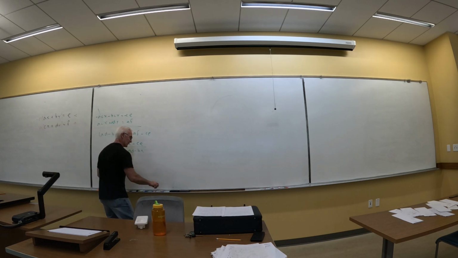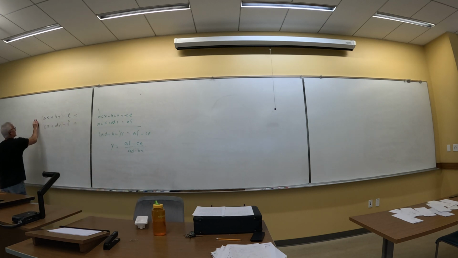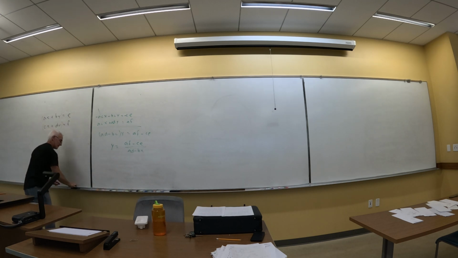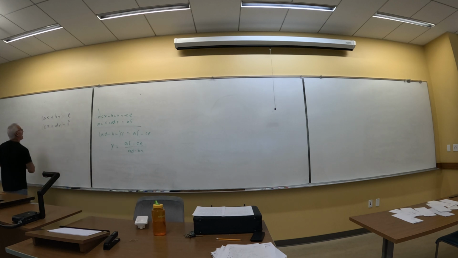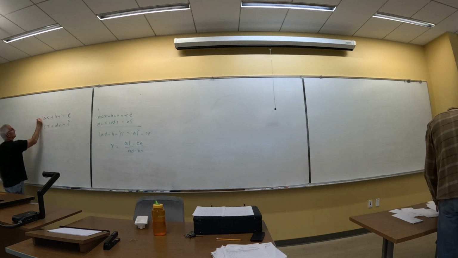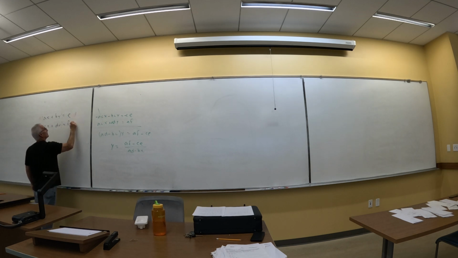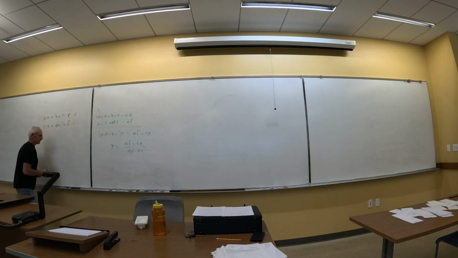Now we do the same thing for x, to solve for the x's, I should say. And now I want to cancel the y's. So in order to cancel the y's, let's multiply this one by D, and let's multiply this one by negative B. Okay, doing the exact same thing.